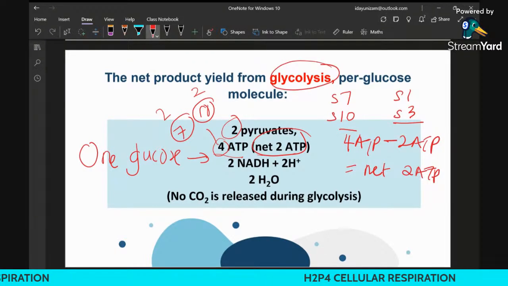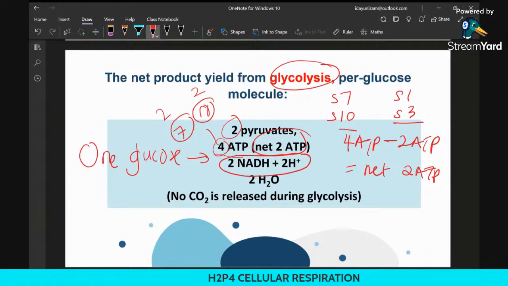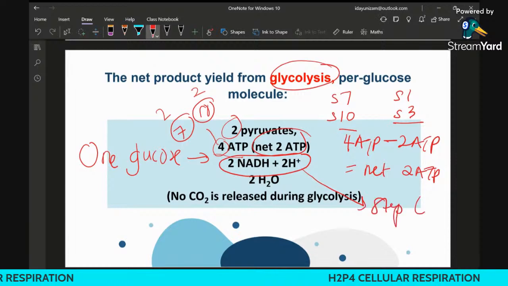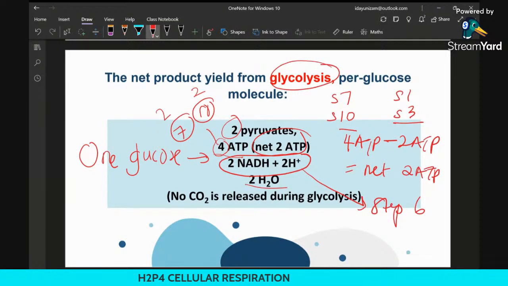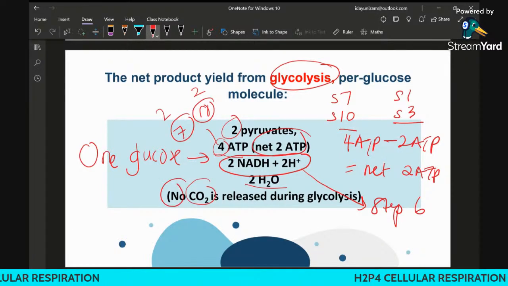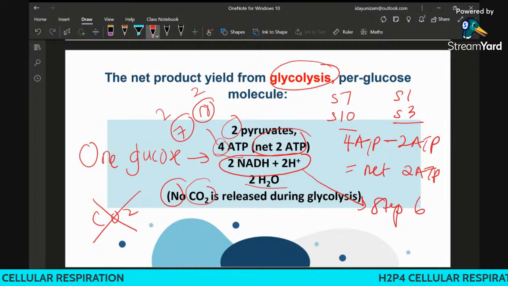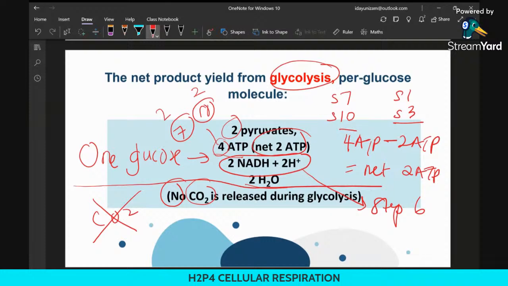Okay, where is NADH formed? NADH, as an electron carrier, is formed at step number 6. Is carbon dioxide released during glycolysis? The answer is no, there is no carbon dioxide, because this does not yet involve oxidation or chemiosmosis.